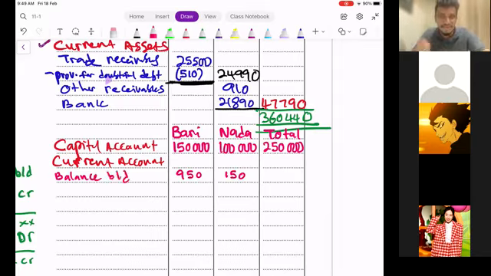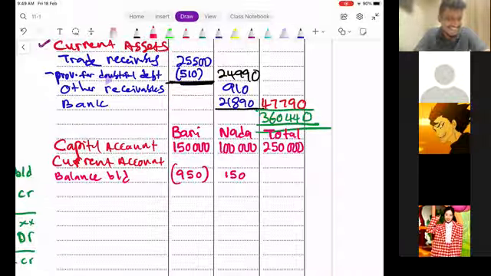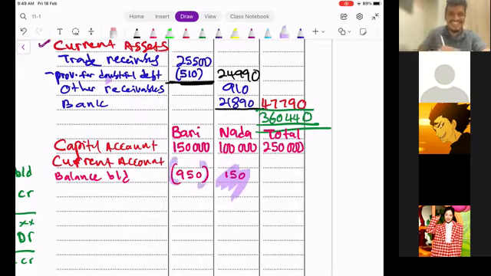You can write balance on 1st January 2018, but writing balance BD is also acceptable. Is it correct? No, because this one must have a bracket. I tested you, but one student simply guessed. At first the student said this is negative, but when I put the bracket here, he changed the answer.